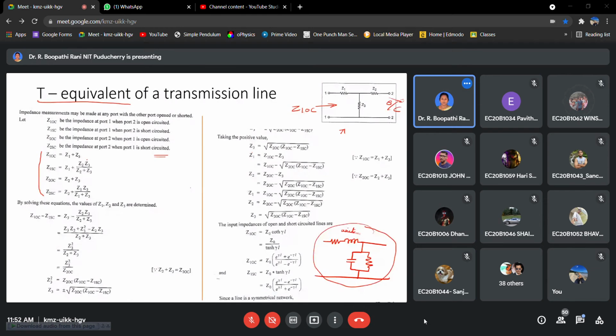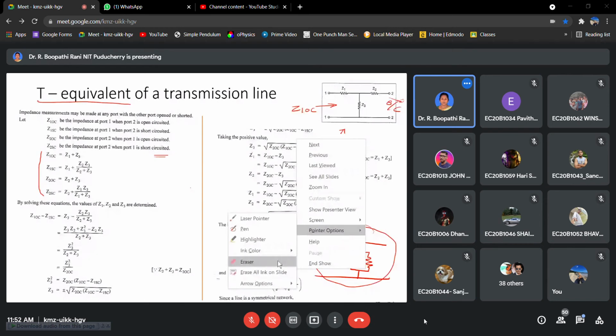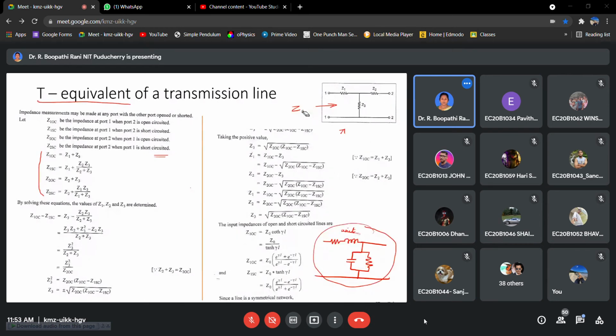Yes, ma'am. And if port 2 is short circuited, how will we write? Consider this portion is short circuited. You are measuring the input impedance. So how will it be?